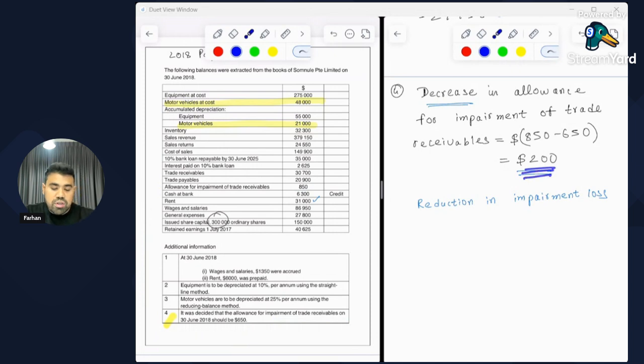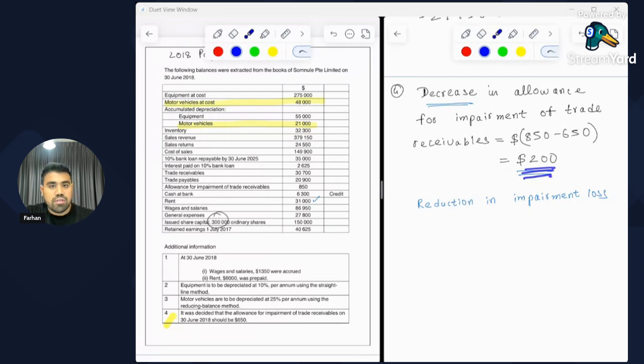Now, when there is a reduction in allowance for impairment of trade receivables, it's a good thing for the business because now we expect more of the trade receivables to not go bad or to not be impaired. We expect to collect more cash from our trade receivables or credit customers.